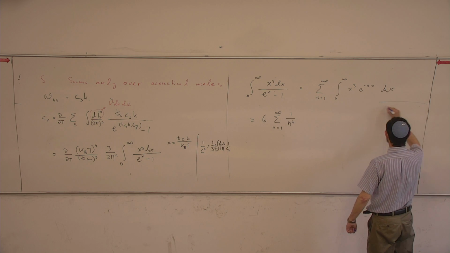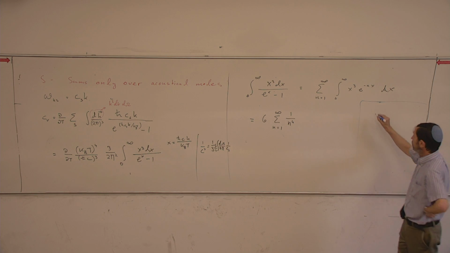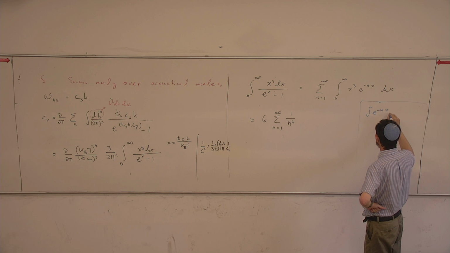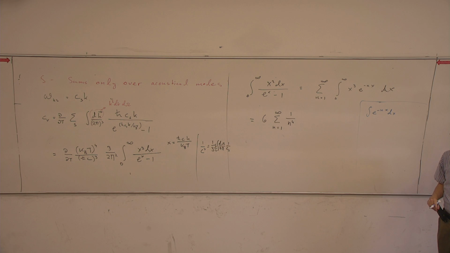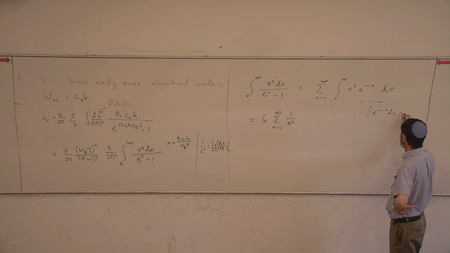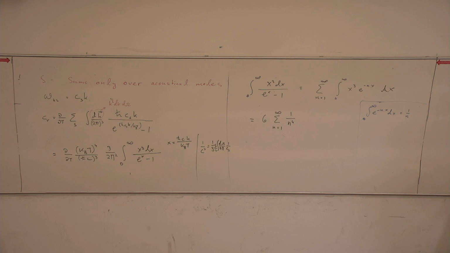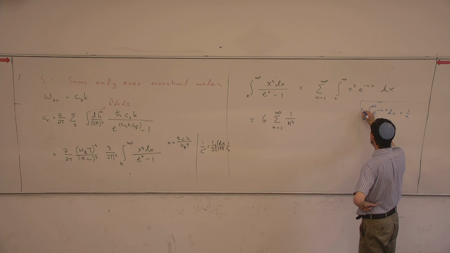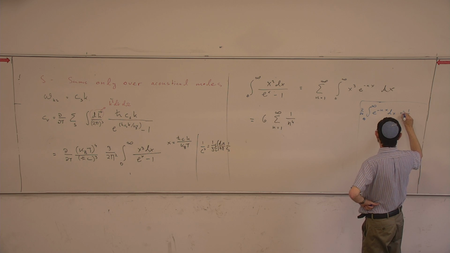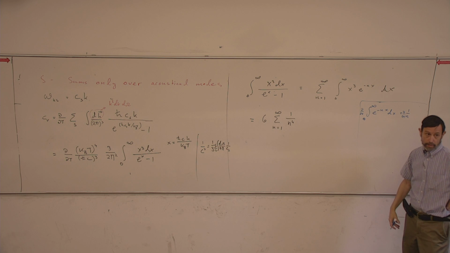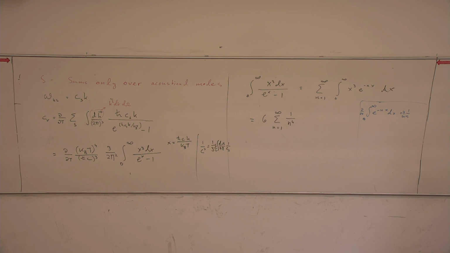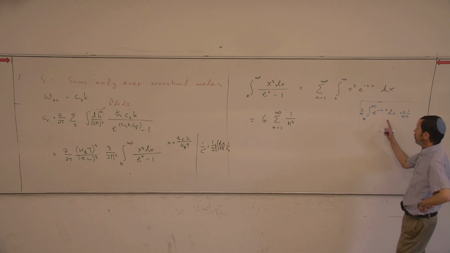So, sidebar. Hope this is understood. You can differentiate both sides with respect to n. What will I get here?